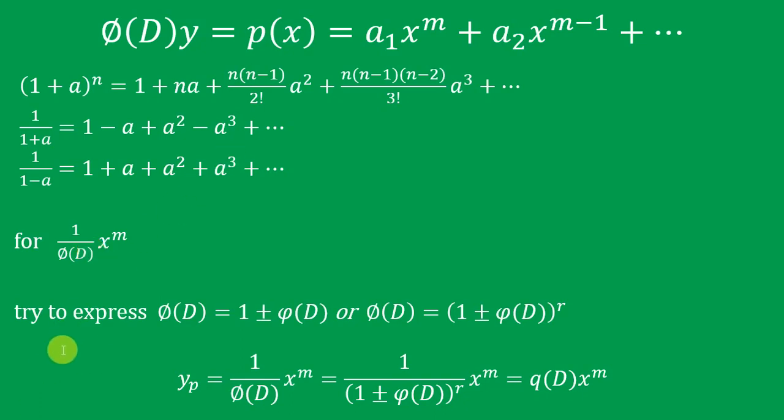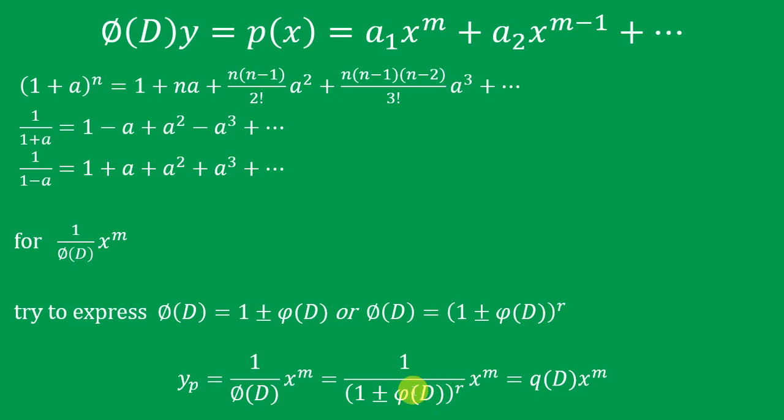So the first step here is we have to express this phi of D in the form either 1 plus or minus psi of D, or (1 plus or minus psi of D) whole raised to r. So yp is equal to 1 upon phi of D operates on x raised to m, that is 1 upon (1 plus or minus psi of D) raised to r operates on x raised to m.